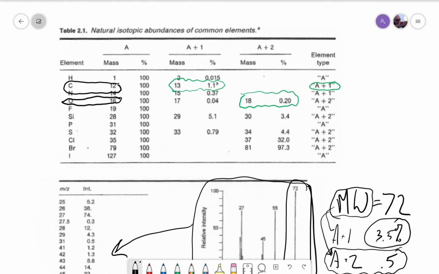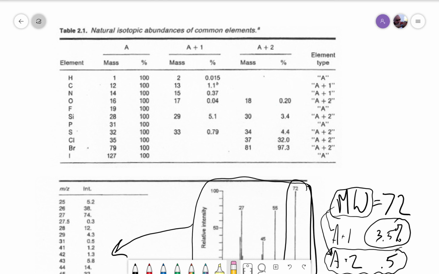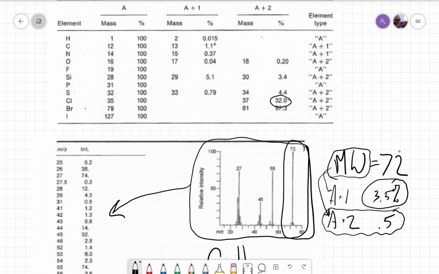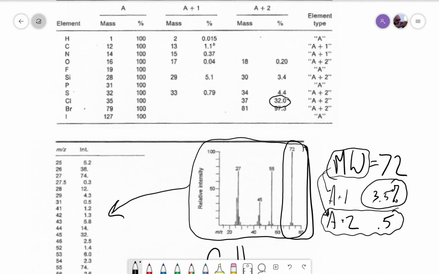If we go up and we look at this table, we can see that all of these different elements can add up to different isotopic distributions. If we had, for example, a chlorine in there, we would expect to see an A+2 of 32%. And there certainly is no peak there representing chlorine. So we can be sure that chlorine doesn't exist, sulfur doesn't exist, bromine doesn't exist.